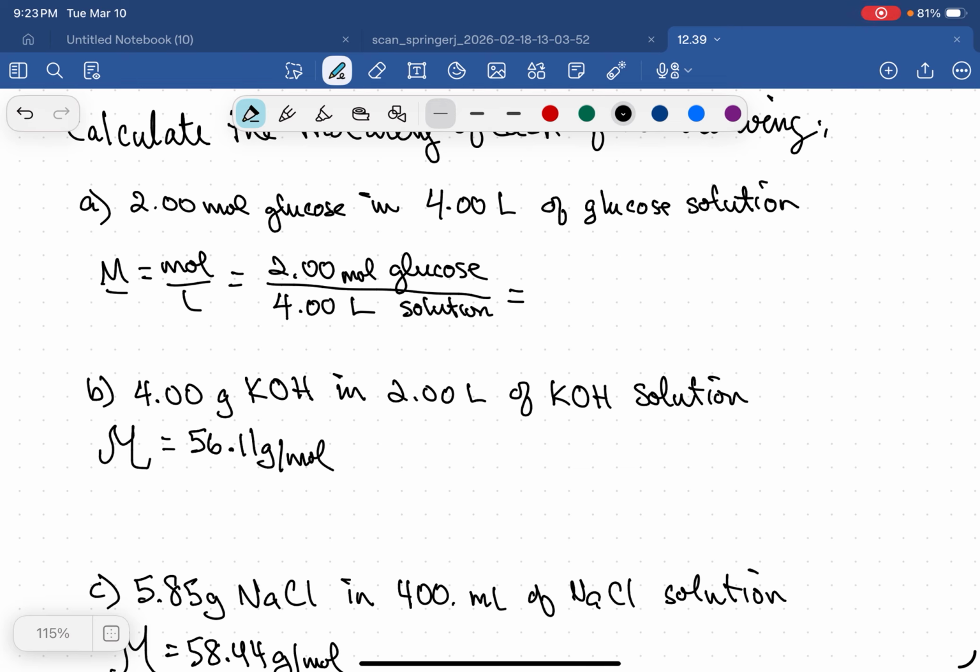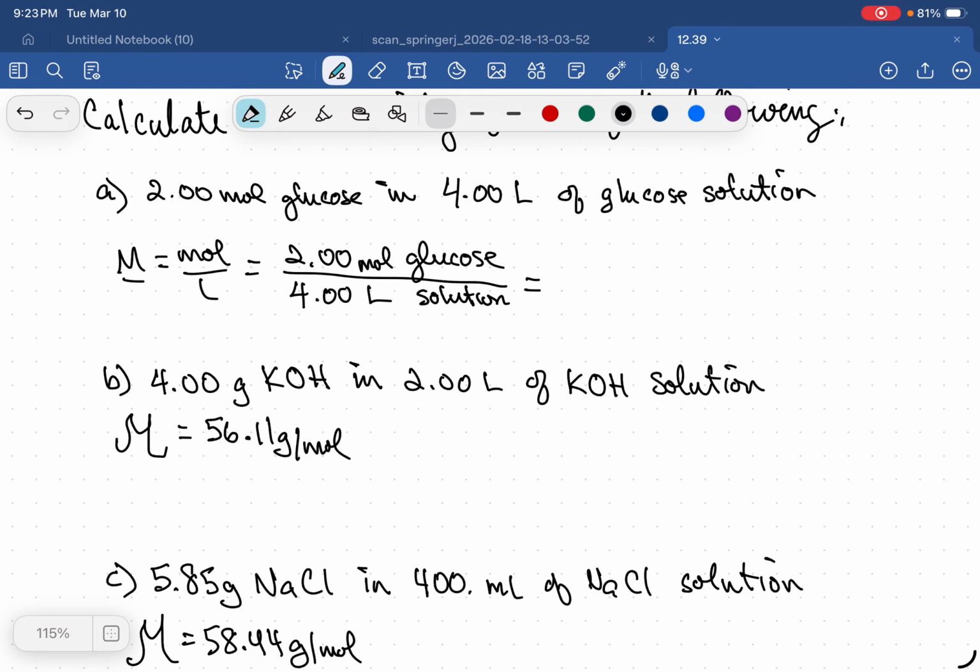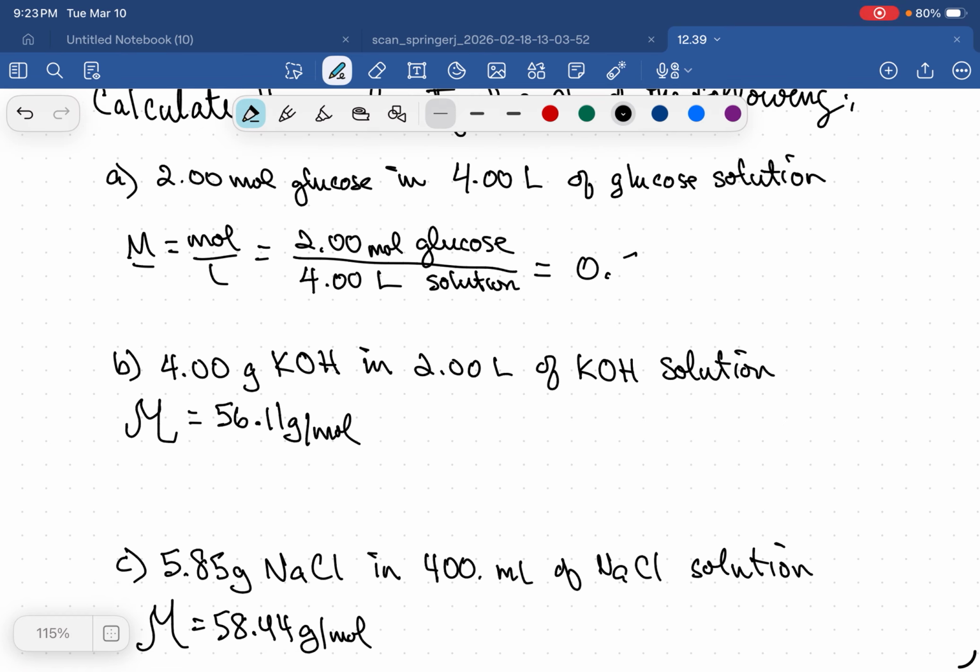So what is the molarity? Well, 2 moles per 4 liters would be 1 mole per 2 liters, which would be 0.5 moles per liter, or 0.5 molar.